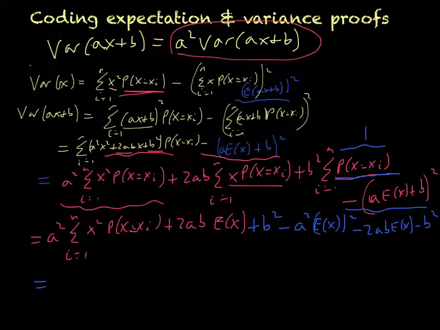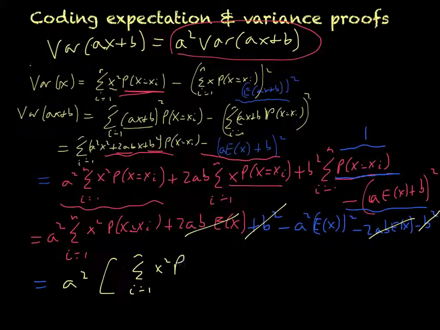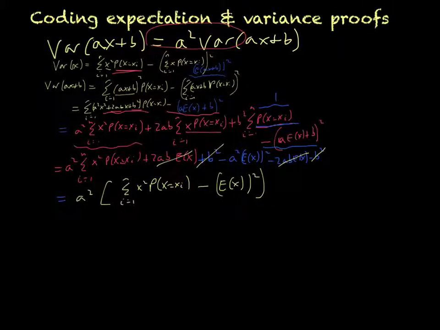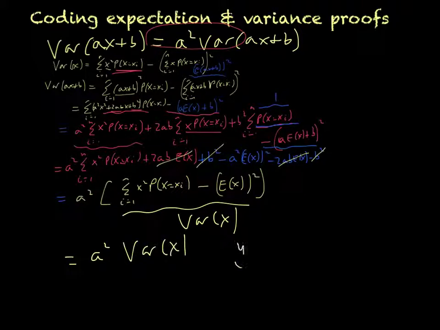This is starting to look really good because b squared cancels. 2ab E of x all cancels, and we're left with, if I take a squared out, a squared sigma i equals 1 to n x squared p of x equals xi minus E of x all squared. And hurrah, because this is our variance equation. This is Var x, and so we are left with Var x, and we're happy.